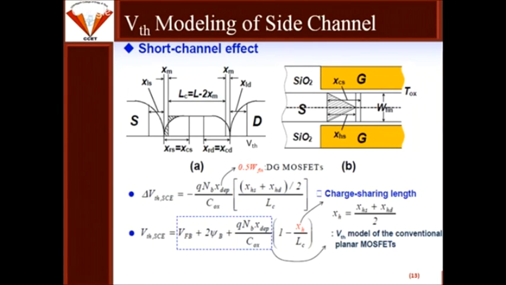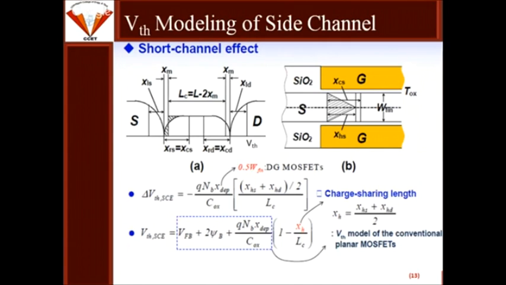So delta VTH, which means the change in the threshold voltage, depends on minus Q NB, where NB is the bulk carrier concentration, then the depletion width, which is basically equal to the fin width divided by 2, divided by the oxide capacitance, and in the bracket there is XHS plus XHD, which is also called the charge sharing length, indicated as XH equal to (XHS plus XHD) divided by 2.